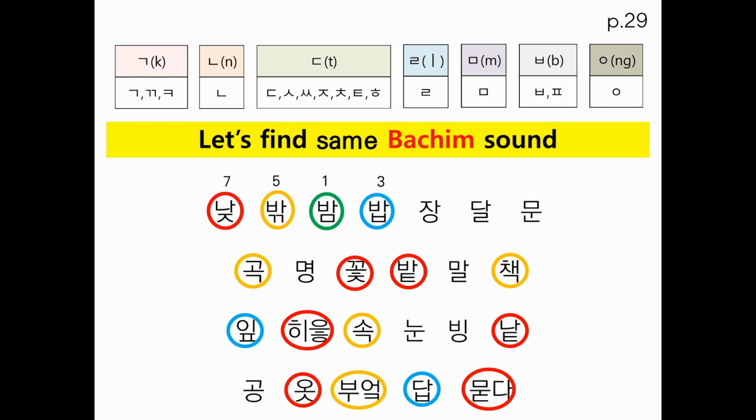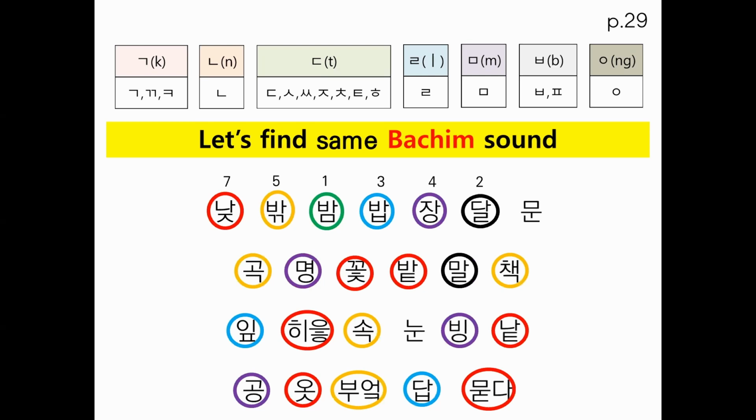For the sound of 장, circle, 응, there are 4 words with the same 받침 sound as 응: 장, 명, 빙, 공. In the sound of 달, ㄹ, there are 2 words with the same 받침 sound as ㄹ: 달 and 말.